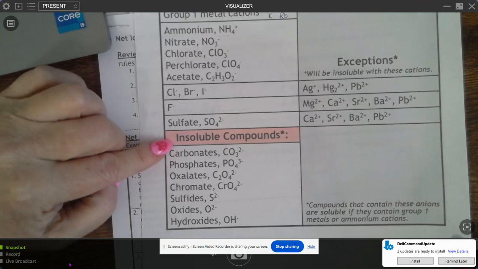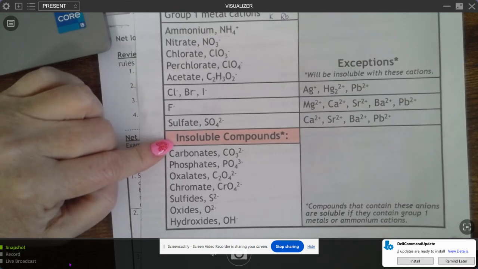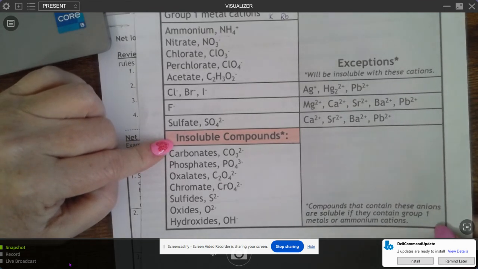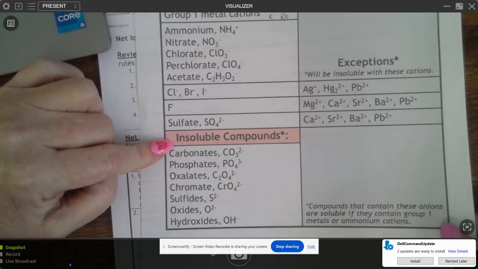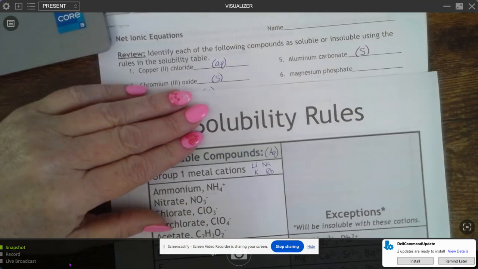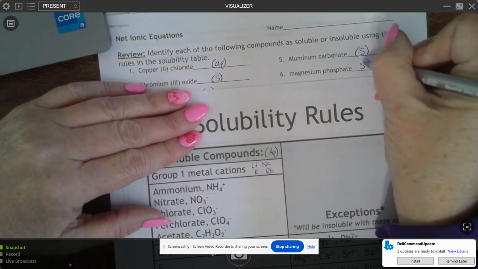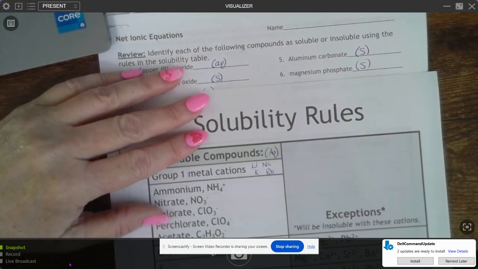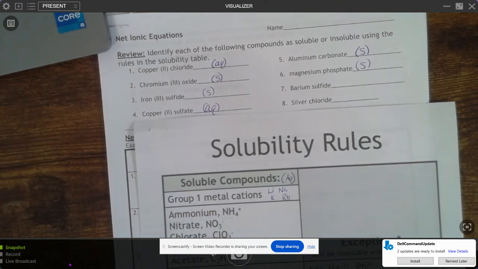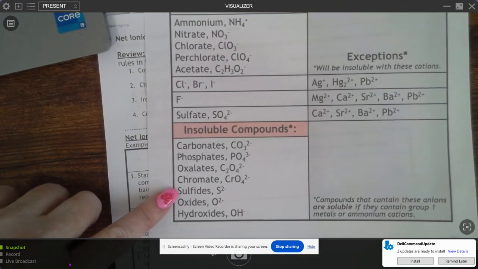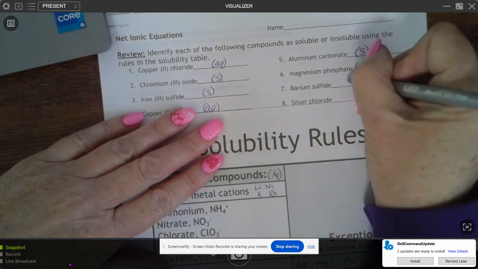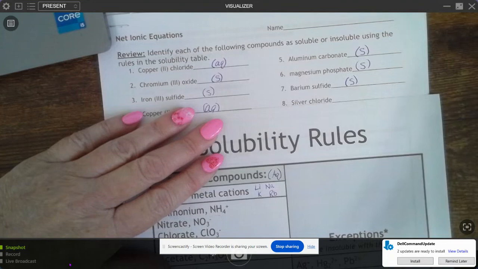Phosphates are also on our list of insoluble compounds. So magnesium phosphate is insoluble, so it forms a solid precipitate. Barium sulfide. Sulfides also are on the insoluble compounds list, so barium sulfide would be a solid.